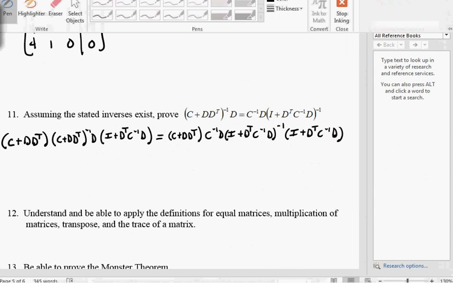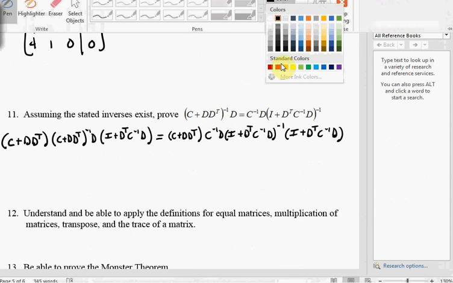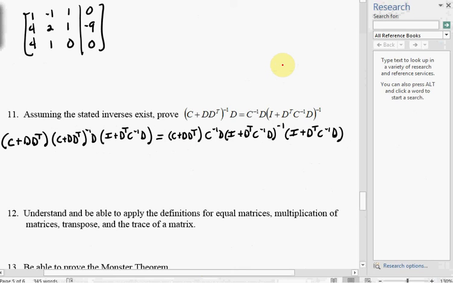Let me write some comments here so you can see what I see. All right. This guy right here is left multiplication. Here it is right here. Left multiplication.